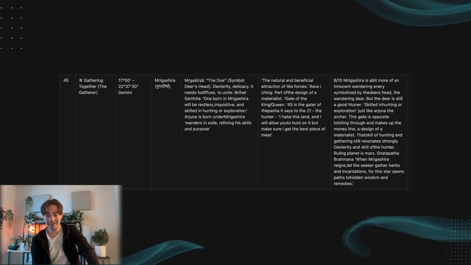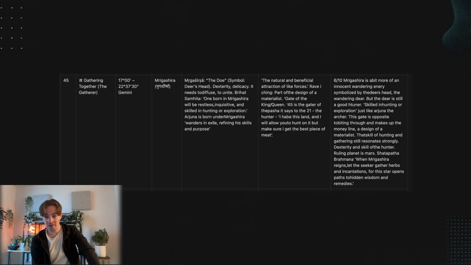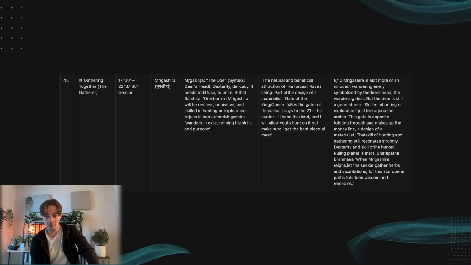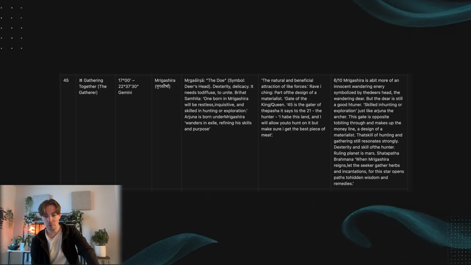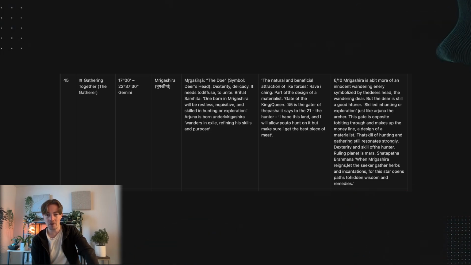The ruling planet of Mrigashira is Mars, the warrior, the hunter. And from another Vedic text called the Shatapatha Brahmana, when Mrigashira reigns, let the seeker gather herbs and incantations, for this star opens paths to hidden wisdom and remedies. So it's a very interesting link to gathering stuff.